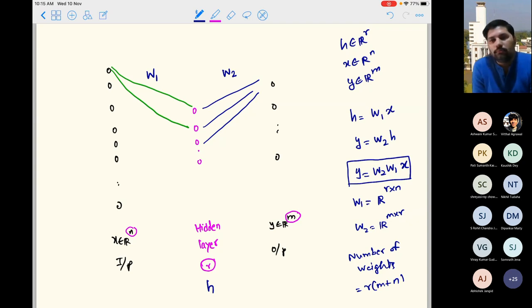W equal to W2 W1. It may not be exactly equal because these prediction performances may not be exactly equal, but they are comparable.